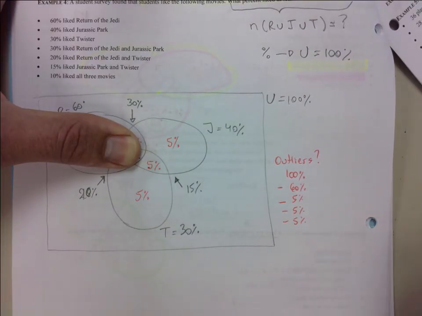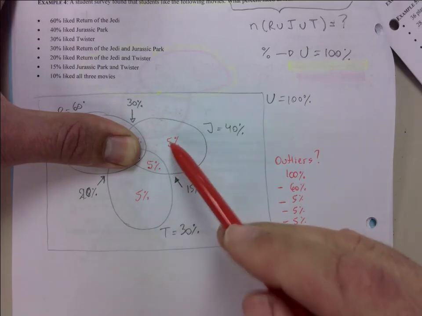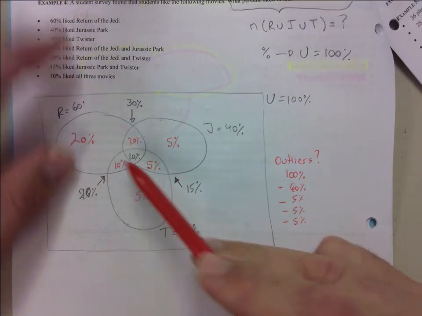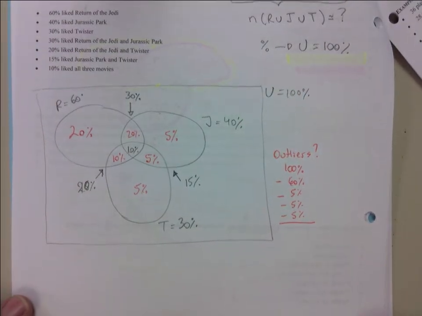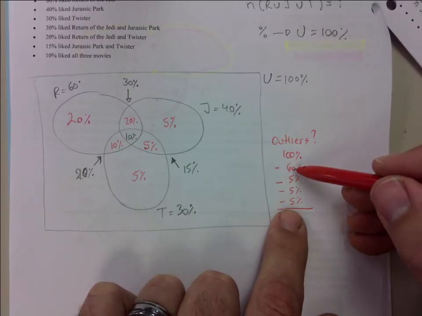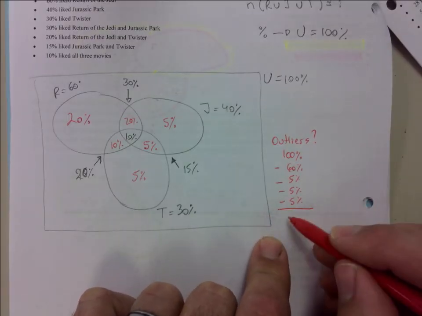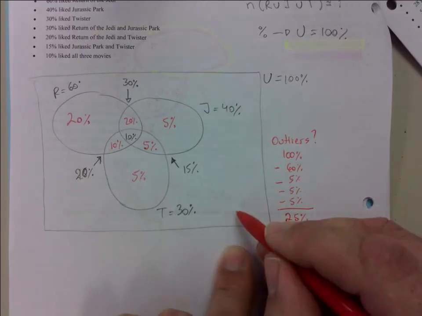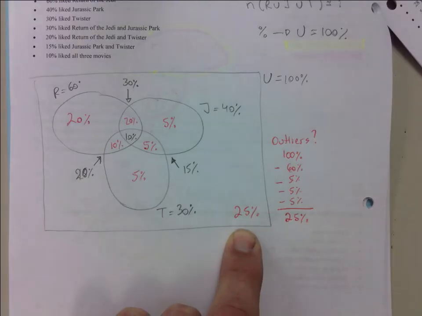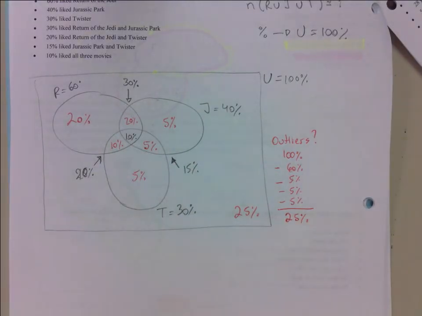It's so you can see later like what happened, right? So it's these 5 that I take away. So you're taking away everything from the universal to see what is left over. So this would be 75. So 25% is left over. So now if you add up everything, it should give you the 100% that you want.